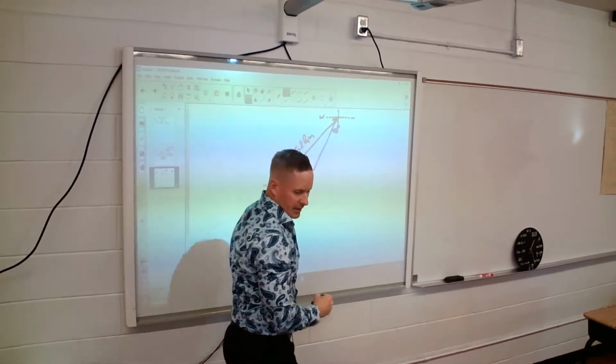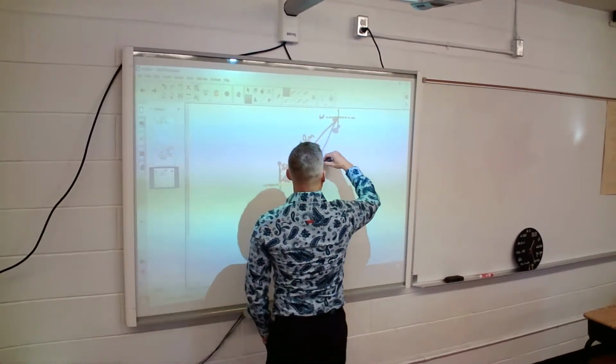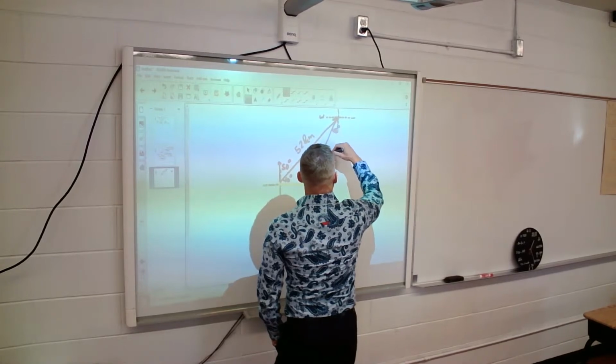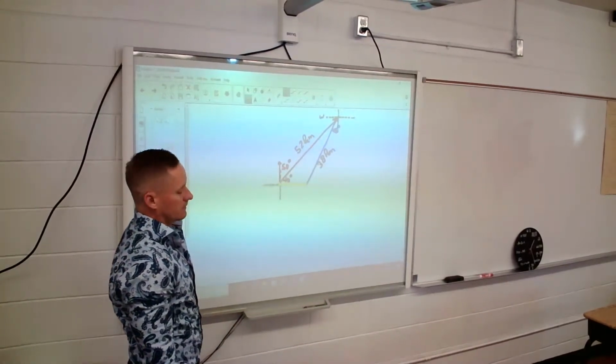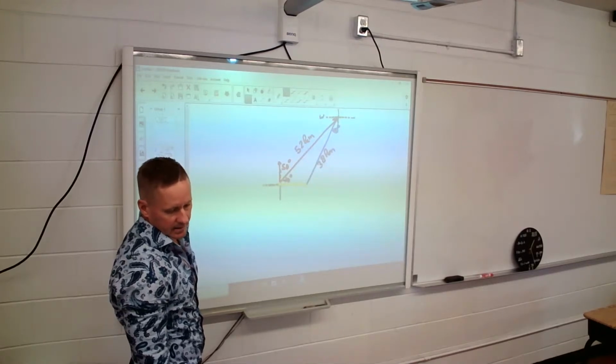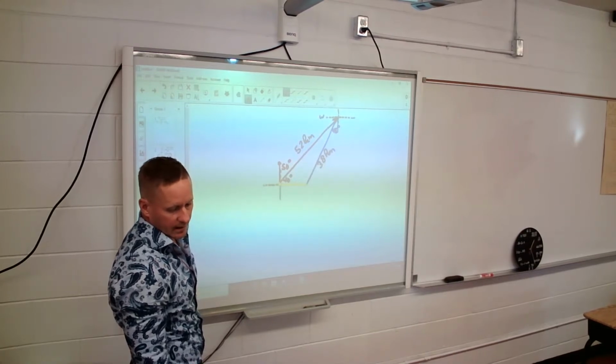And this was 38. So this is 38 kilometers right here. And it says, explain how this situation can be ambiguous and why is it not?